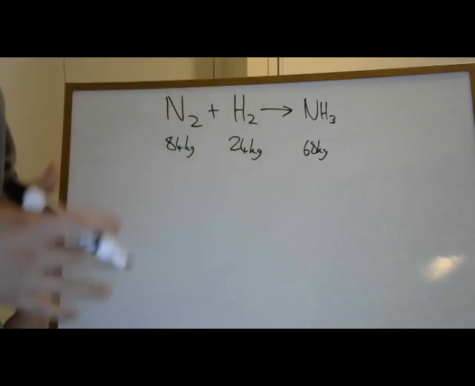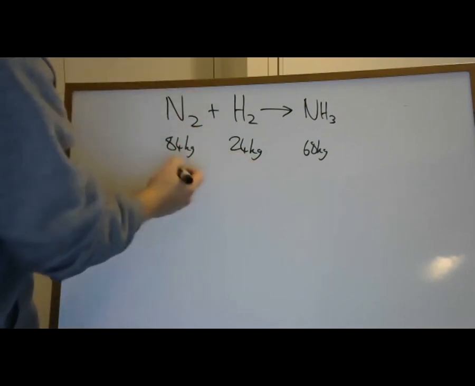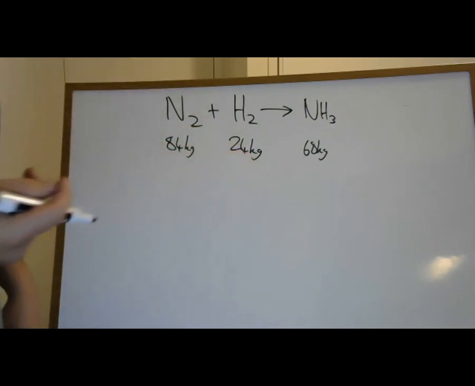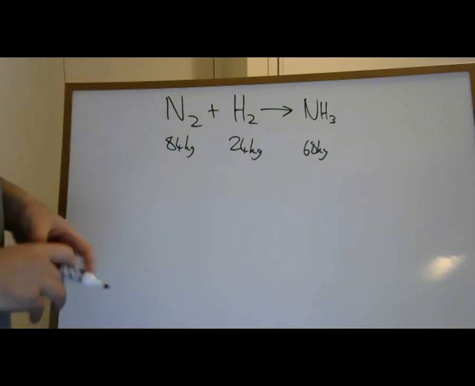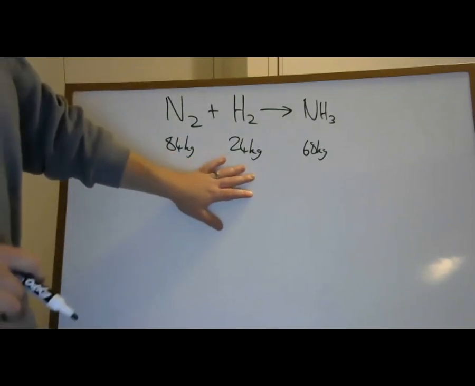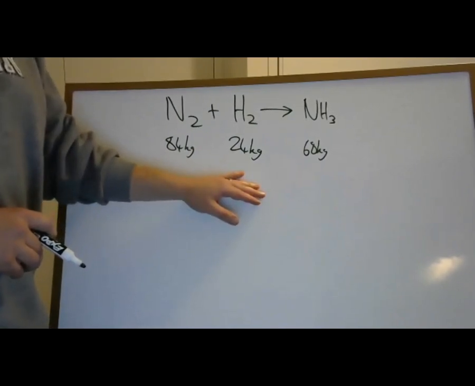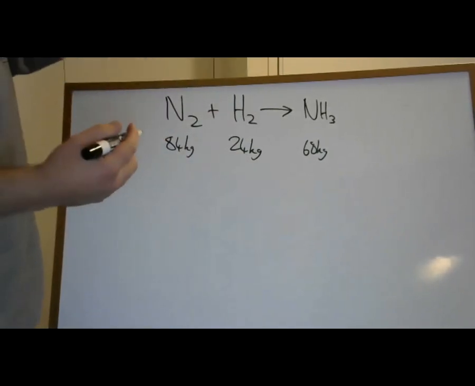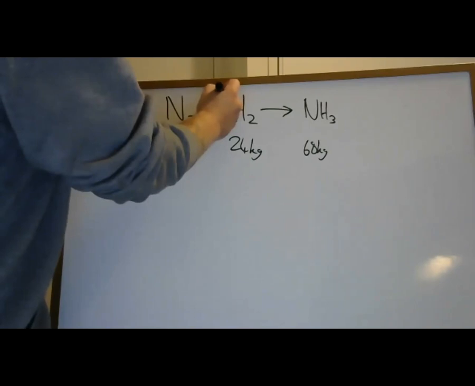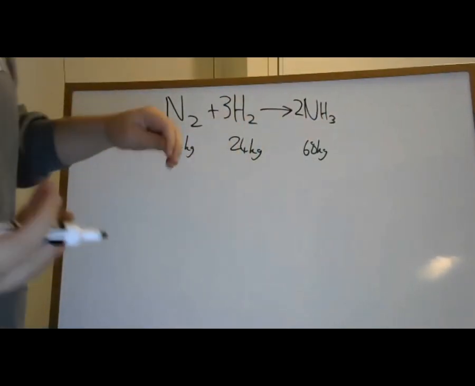There's a limiting factor here, and that is one of these two will run out before the other one. And everybody says, well, it's obviously going to be hydrogen because there's only 24 kilos. And I hope this explains why that's not the case. If I was to balance the equation, I would do that, but I don't have time to go through that.